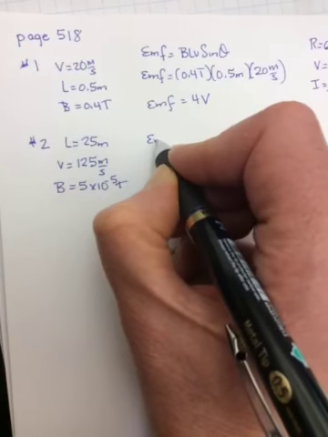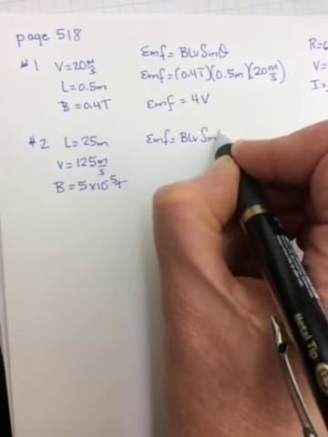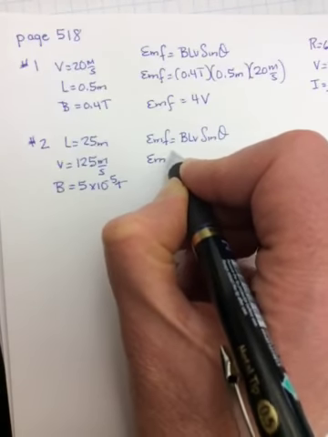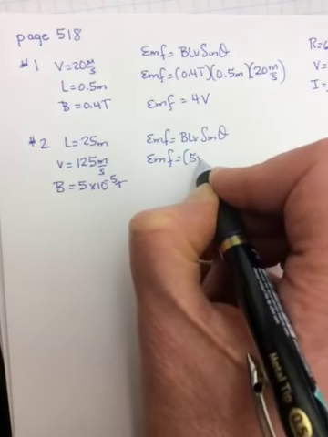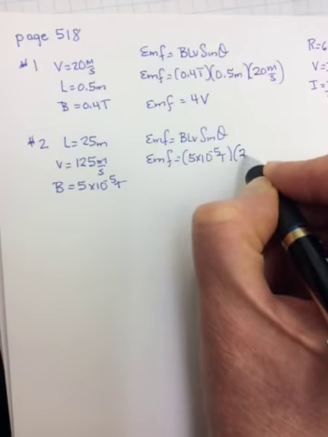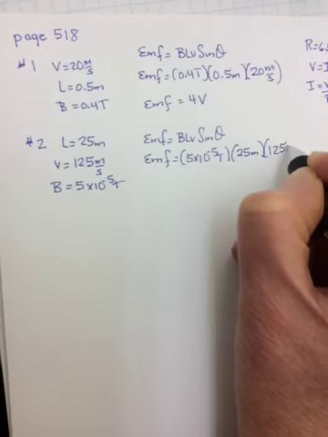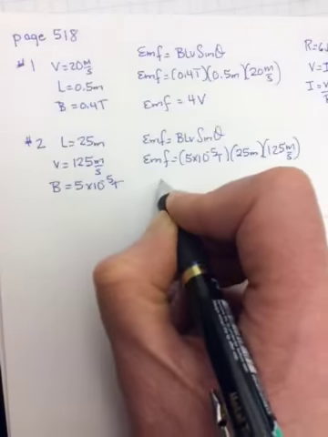What is the EMF? So EMF is equal to BLV sine theta, and again the theta is going to be 90. So 5 times 10 to the negative 5 Teslas, 25 meters, and 125 meters per second.